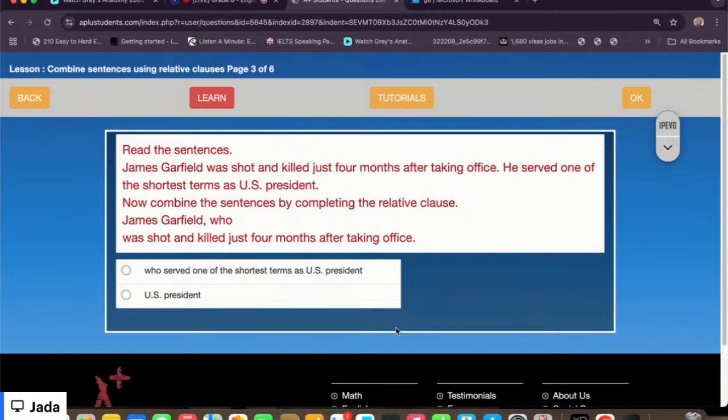Okay, so we have James Garfield was shot and killed just 4 months after taking office. He served one of the shortest terms as U.S. president. So now combine the sentences by completing the relative clause. Which of these is the right answer here?